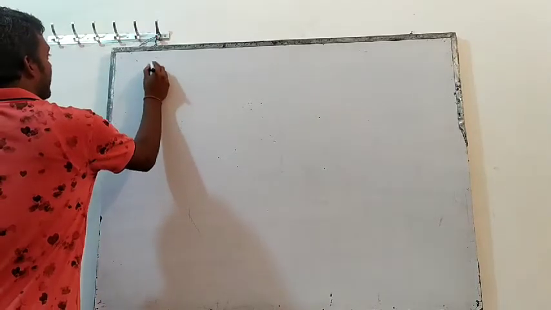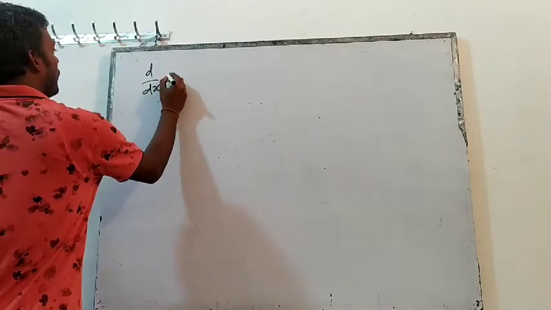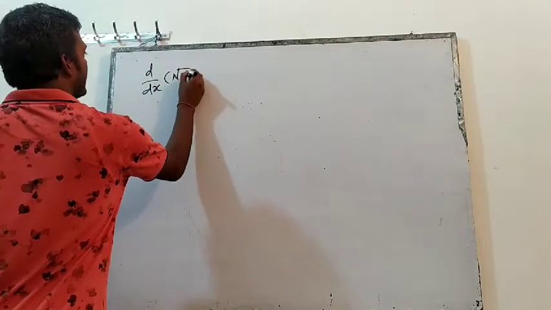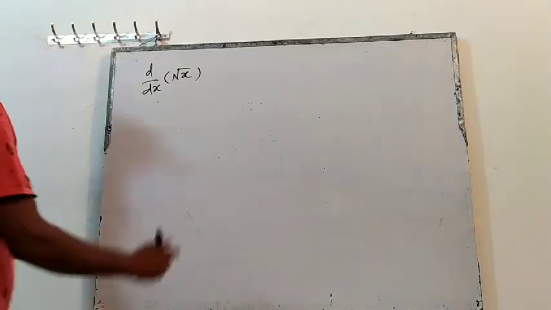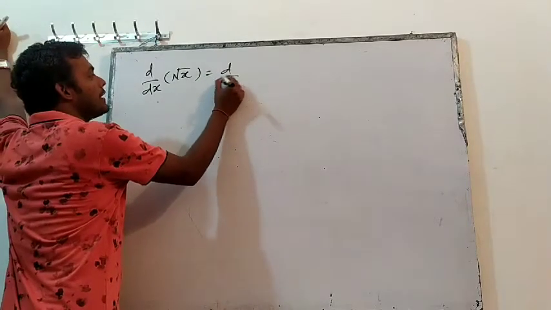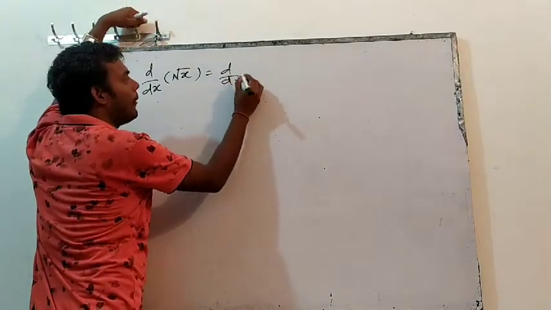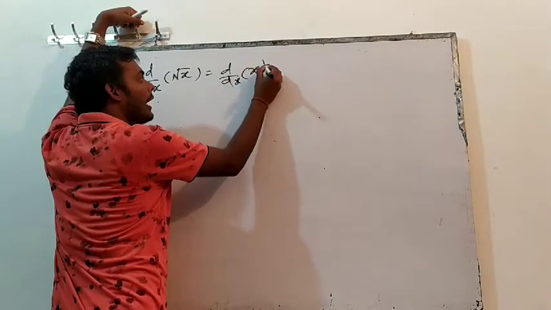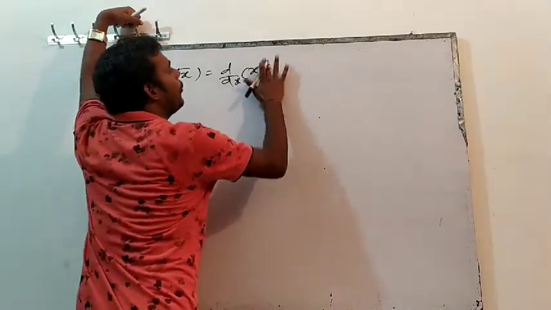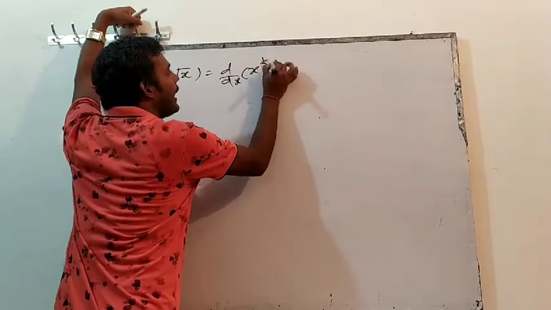Some more questions. What will be the differentiation of root x? Differentiation of root x, if the question is like this. Tell me firstly. Can you think about this? Root x means, can we write that this is actually differentiation of x to the power half?